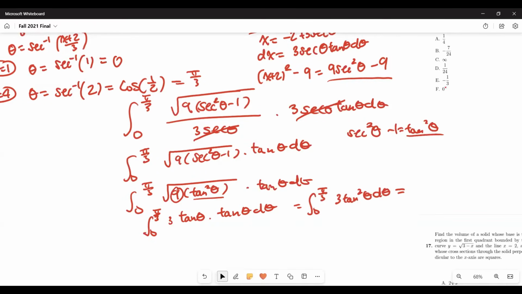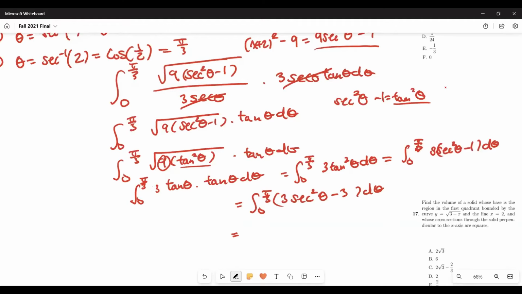And if you recall, tangent squared theta is secant squared theta minus 1, so I'm going to plug it back: 0 to pi over 3, 3 times secant squared theta minus 1, d theta. And this is the same as 0 to pi over 3 of 3 secant squared theta minus 3 d theta. And this is just the integration of 3 tangent theta minus 3 theta from 0 to pi over 3.